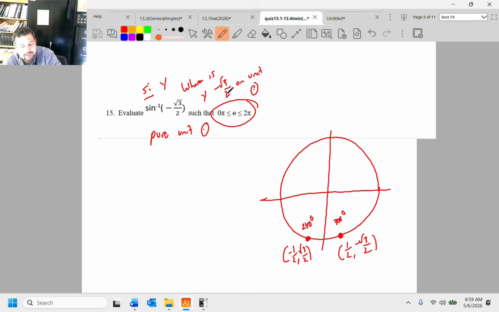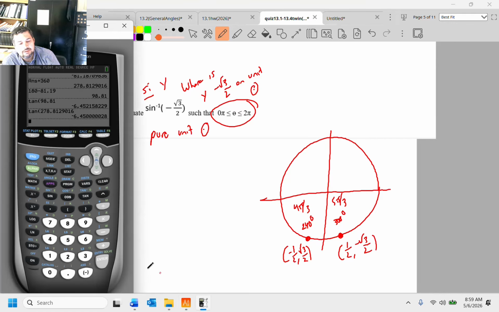I need radian answers. So 240 degrees as a radian is 4 pi over 3. 300 degrees as a radian is 5 pi over 3. Now watch this. We got negative root 3 over 2.